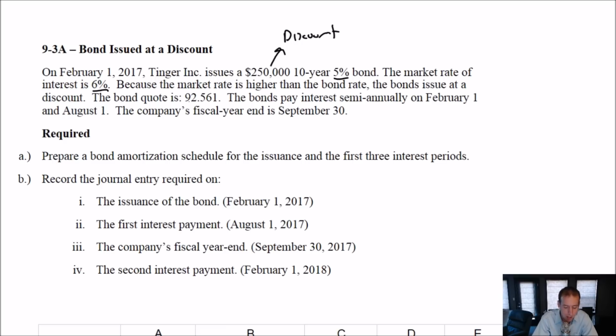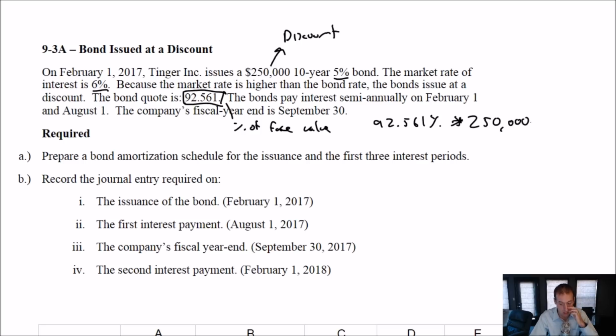The bond quote is 92.561. This number is the percentage of face value that I get for the bond. So I got 92.561% of $250,000.